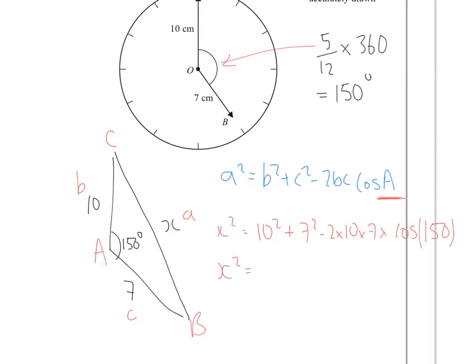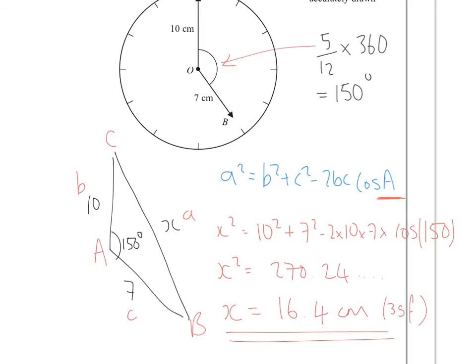Therefore x squared equals 270.24, keep all the values on your display, square root, and that gives you a value of 16.4 centimetres to 3 significant figures. So the length AB, 16.4 centimetres.